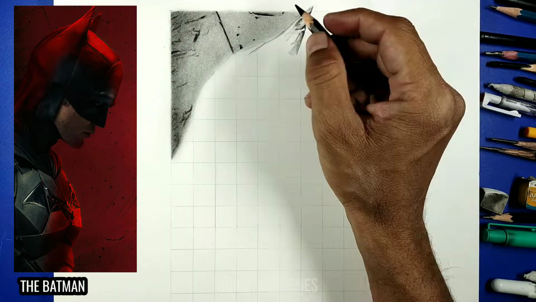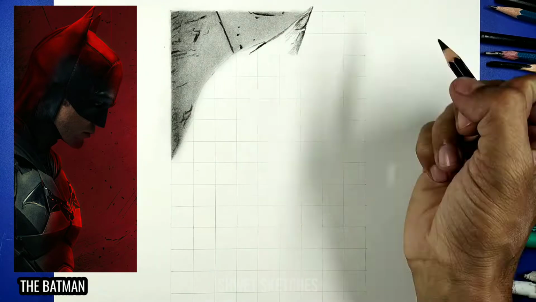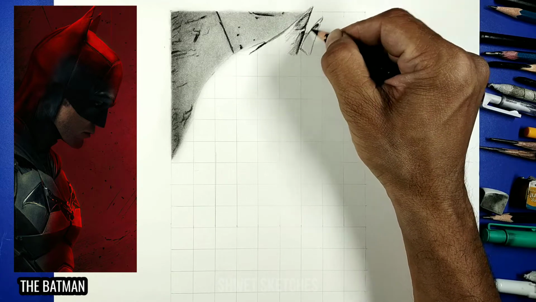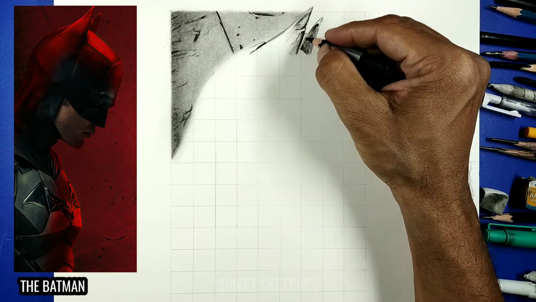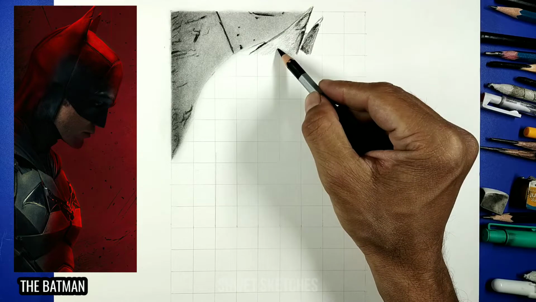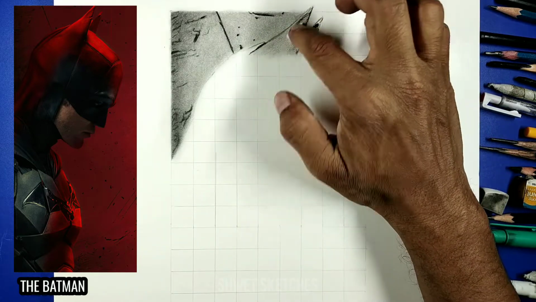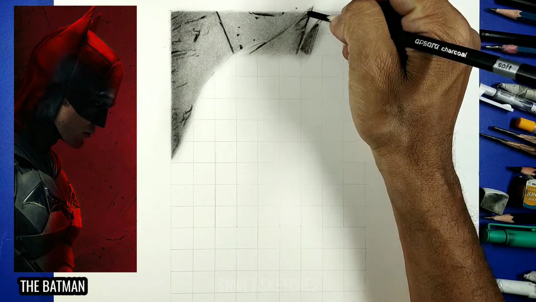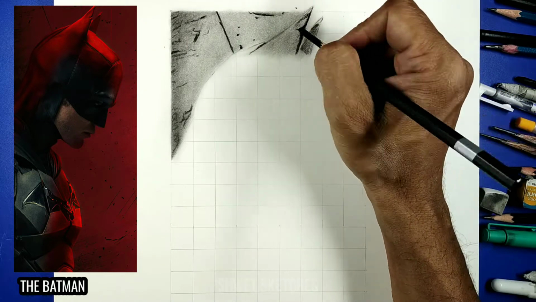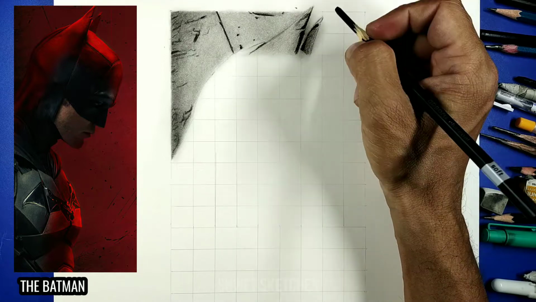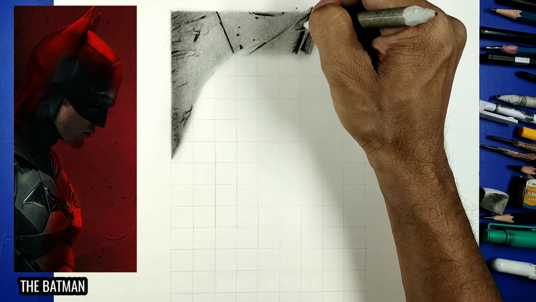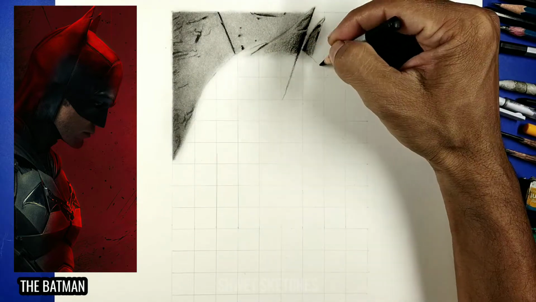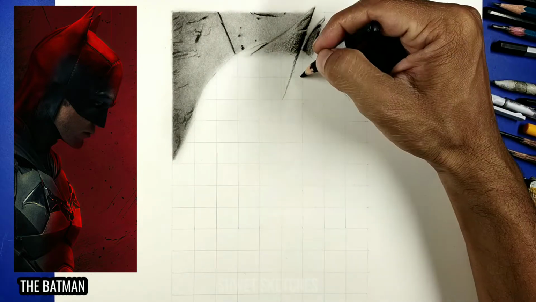But this is a particular portrait of Robert Pattinson's Batman in full gear, up to his chest or the start of the stomach, and it is looking too good, so I preferred this reference picture online. I saw many different posters, but they were not as Batman as this one. I was blown away, and the only thing I liked about this poster is that it gives me a Batman vibe.